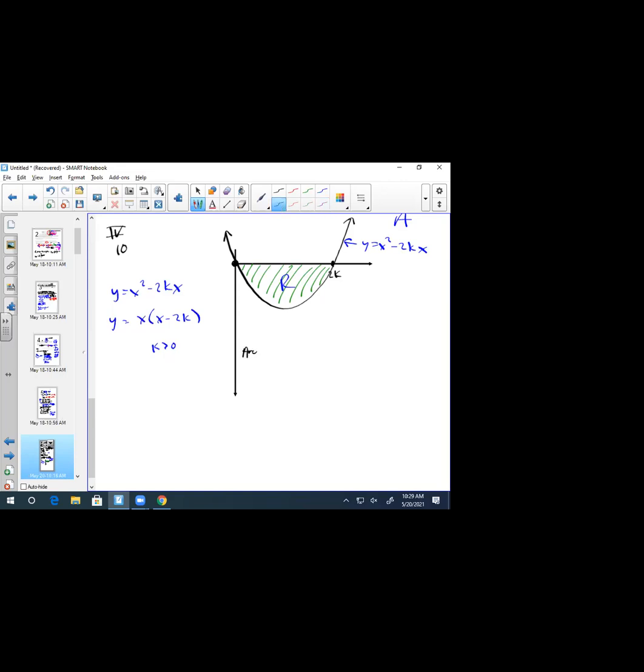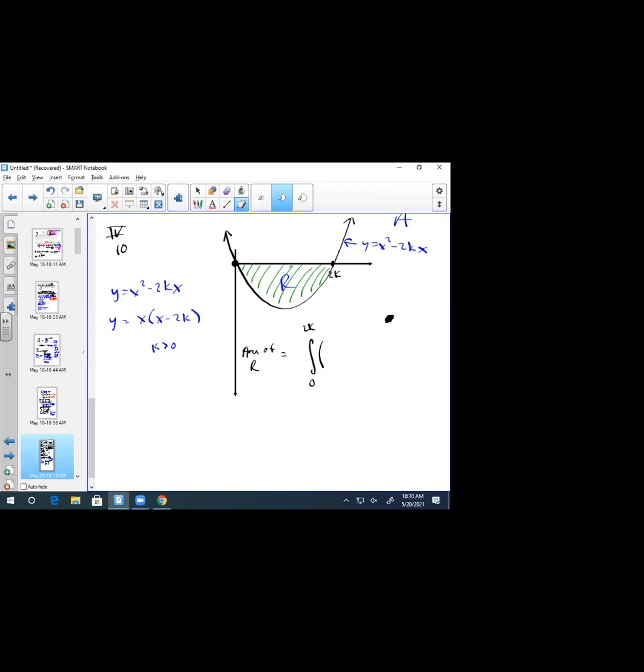So area of R is the integral from 0 to 2k. And then because this lies underneath the x-axis, but they're talking about just the area of the region, I'm going to make the whole thing negative. Let's do it this way.